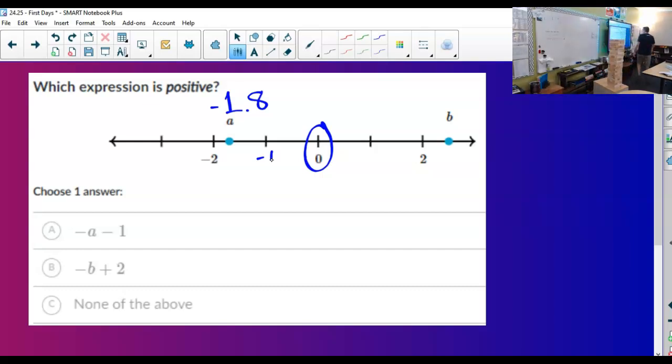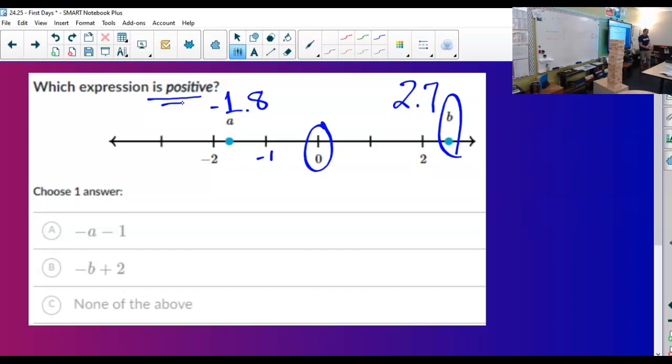It's past. So how do we approximate? Just give me an approximation. Doesn't have to be perfect. Help me out. What do you want to say? Sure, 2.7. So which expression will end up positive?